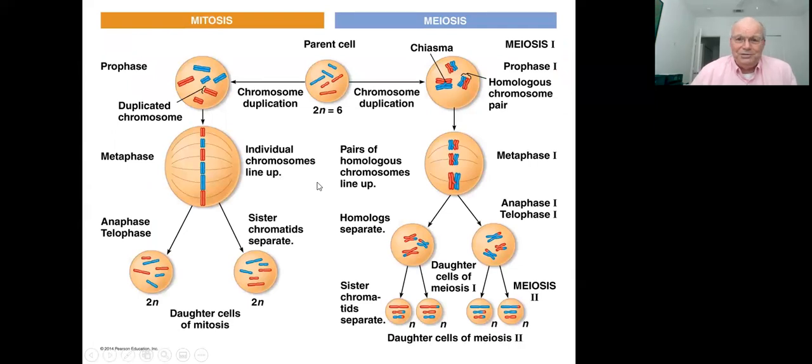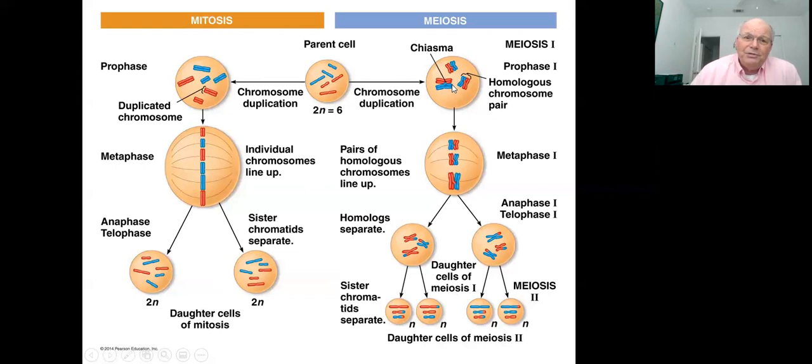So basically in this diagram, you have laid out what goes on in mitosis versus what goes on in meiosis. And basically it's a comparison of mitosis with meiosis 1 and to some degree meiosis 2, because we know that meiosis 2 looks just like mitosis.